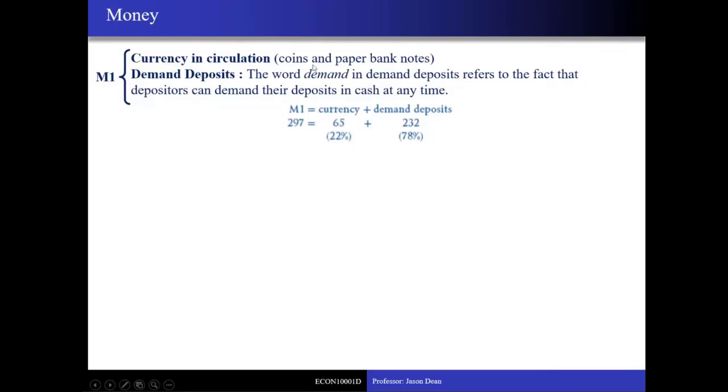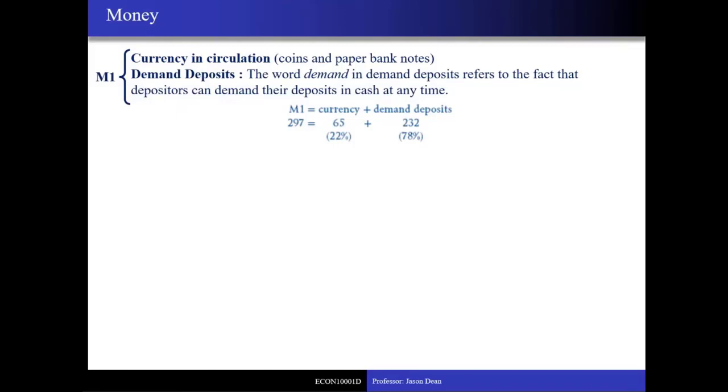So notes and coins in your pocket and your bookkeeping entries at your bank, which represent your demand deposits in your checking account. Demand deposit refers to the fact that depositors can demand their deposit in cash at any time. So that's checking accounts, and even some savings accounts are like that.